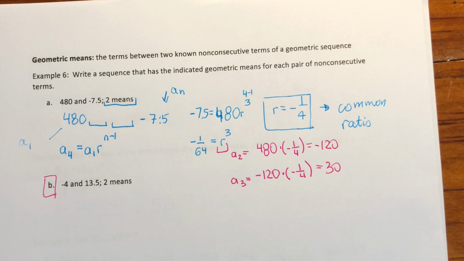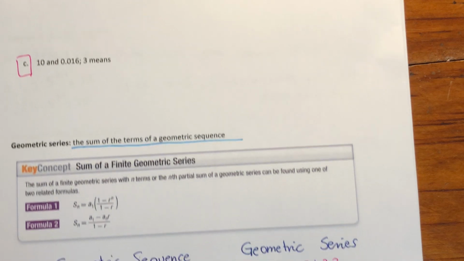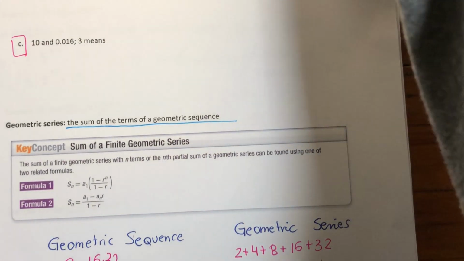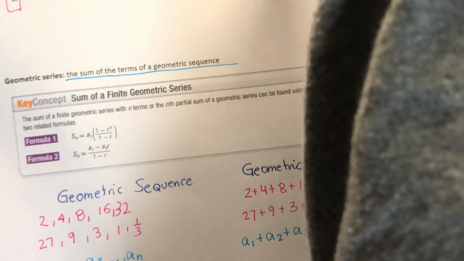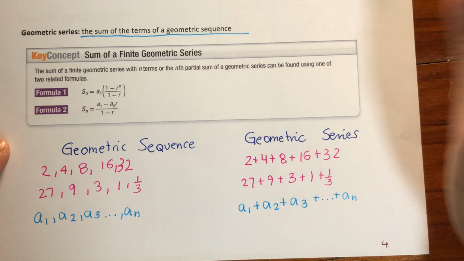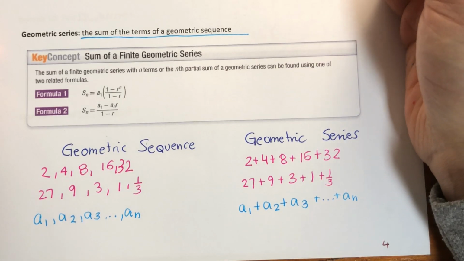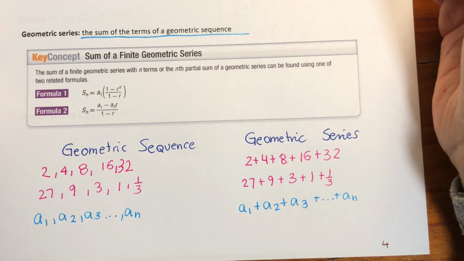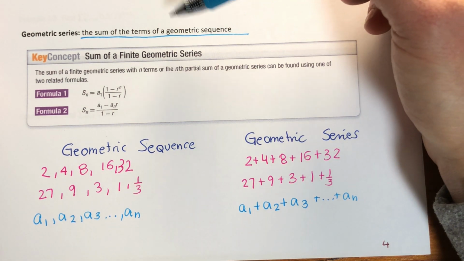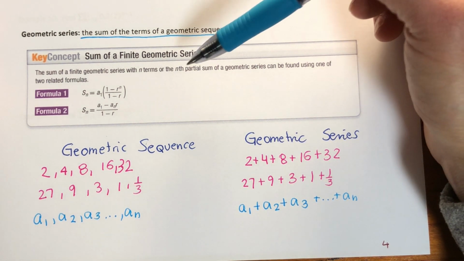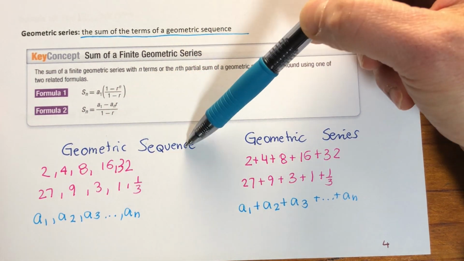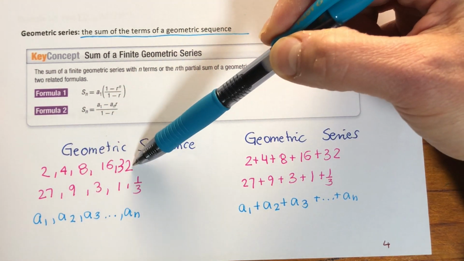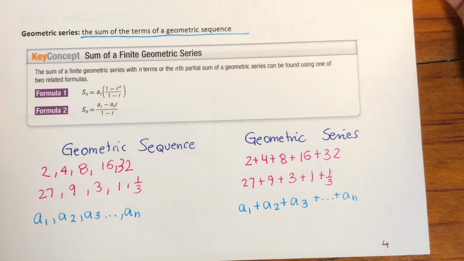Again, very similar to the arithmetic sequences. When we talked about the arithmetic sequences, we figured out what the series are. If you look at the table that I made here on the bottom, for the geometric sequences, this is just listing the numbers that will follow the geometric sequence.